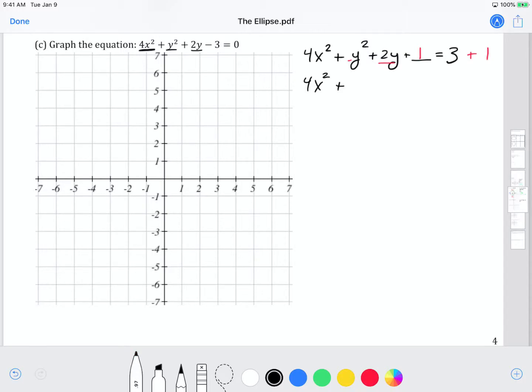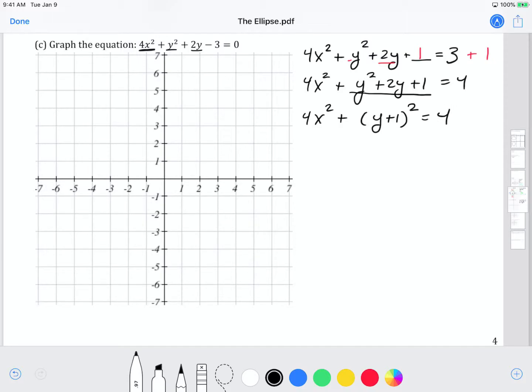So now I have y squared plus 2y plus 1 is equal to 4. So I can factor this into a perfect square now. y squared plus 2y plus 1, if I factor that, that's going to be y plus 1 times y plus 1. So I can rewrite this as y plus 1 squared.